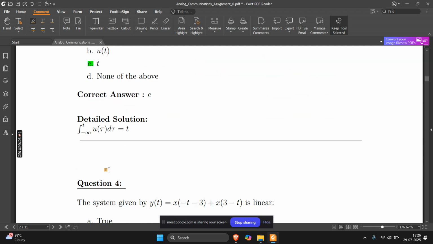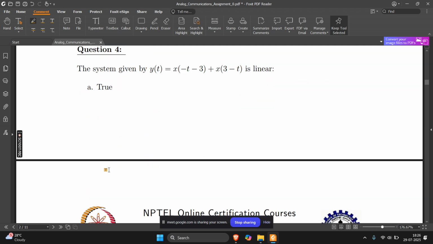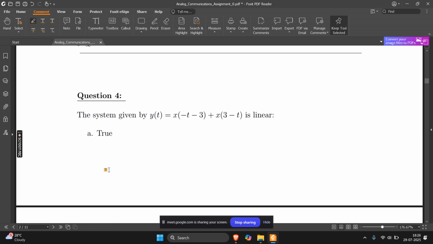That's it. Okay. Now this is a true or false question. The system given by y of t equal to x of minus t minus 3 plus x of 3 minus t is linear.